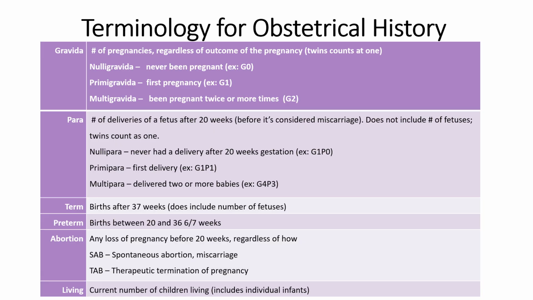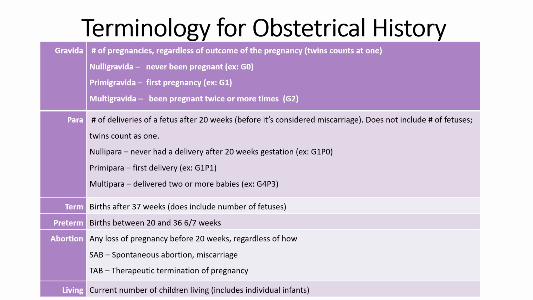And again, it does not include the number of fetuses, twins, etc. So if you delivered a fetus after 20 weeks, a first-time mom, first delivery, you'll be a G1, P1. If you've had 2 babies, 3 babies, 4 babies, that will be reflected in your para. So you would be a G4, for example, with 4 pregnancies and 3 deliveries. She may have had 1 miscarriage somewhere in her pregnancy.